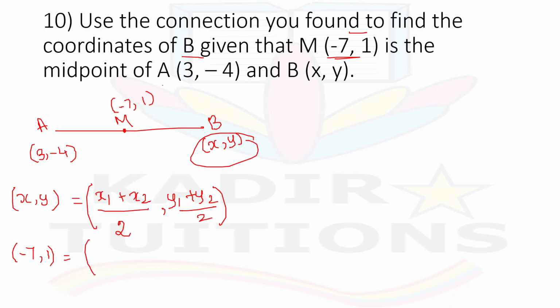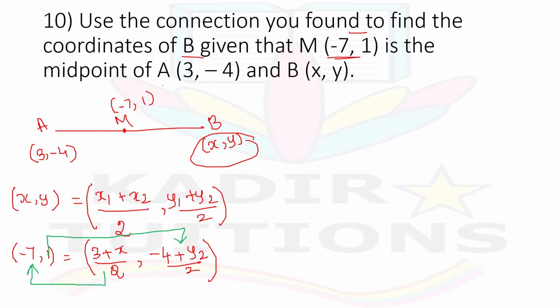Our x1 is going to be 3 and our x2 is x only, by 2. And our y1 is minus 4 plus y by 2. So now we can equate the x coordinate of the midpoint with this x value and the y coordinate of the midpoint with this y value. Yes, we can equate it.